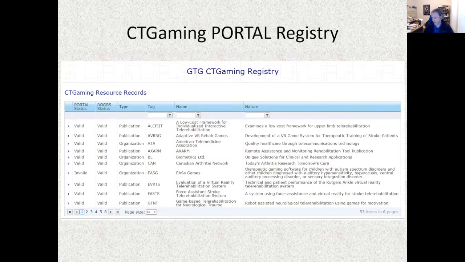Nevertheless, we do take the approach based on the philosophy of the original design for Portal, where the acronym actually came from Problem-Oriented Registry. So a focus on a particular domain. In this example, it's CT gaming, which came from clinical telegaming.